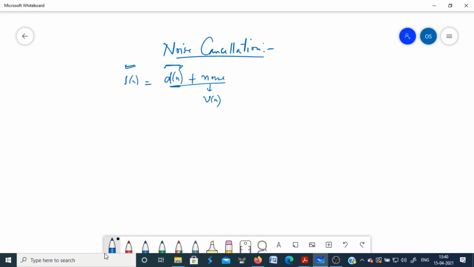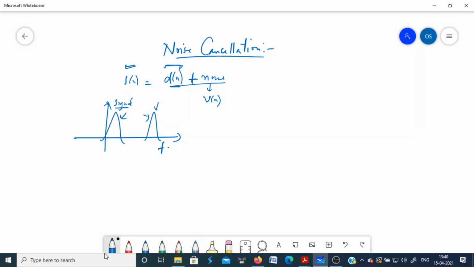Okay. See, you may say that since you have a signal buried in noise, you can use a filter which separates the signal from the noise. That is okay if, suppose this is the signal spectrum and this is the noise spectrum in the frequency domain.